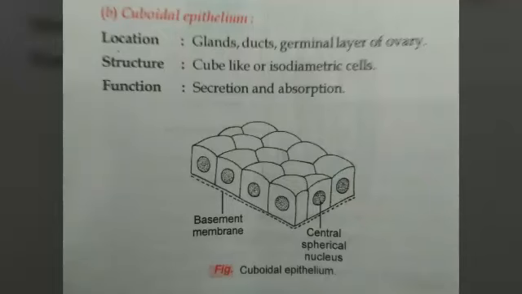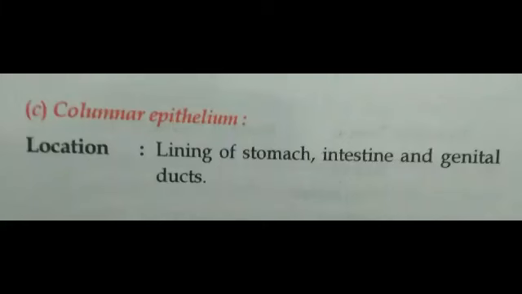Next one, cuboidal. It is located on glands, ducts, and the germinal layer of the ovary. The structure is cube-like or isodiametric cells, and the function of cuboidal epithelium is secretion and absorption. The next tissue is columnar epithelium tissue.